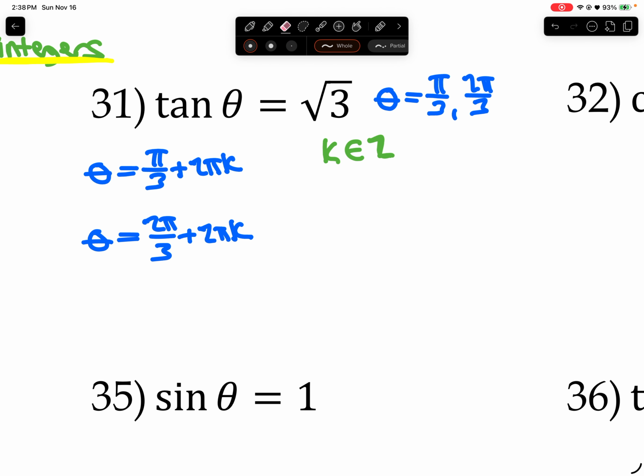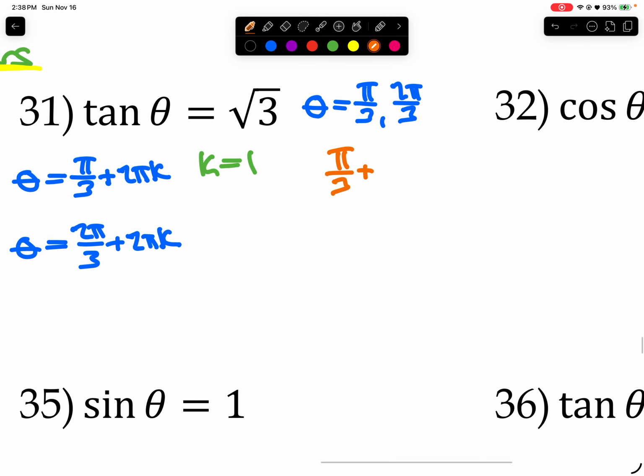But what happens if I use this top equation and I plug in a k value of 1? So I'm just going to kind of sidebar for a second. So over here, if I do pi over 3 plus, hold on, what was I doing?